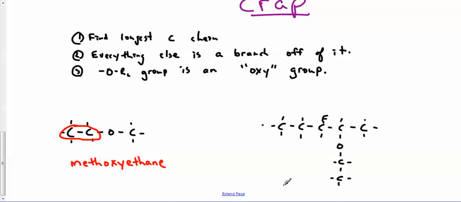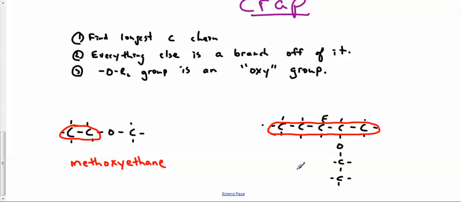Okay. This guy here, which chain is longer? Is it this guy or is it this guy? Well, it's this guy right here. I've got a 2 carbon ethoxy branch here. Starts with an E. I've also got a fluoro F. I'm going to name this one alphabetically first, then this one.